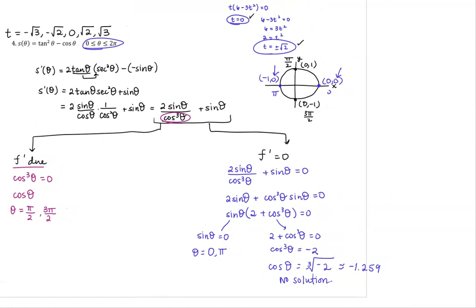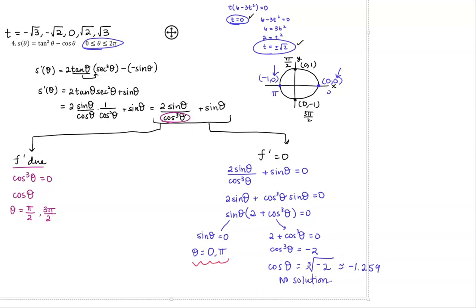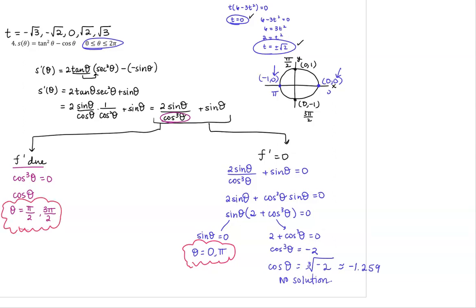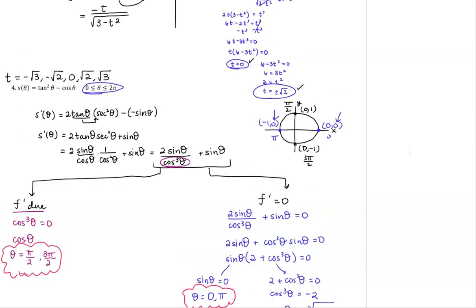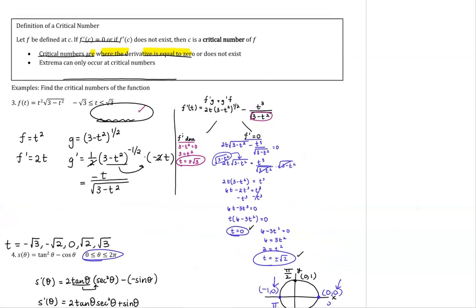So the possible answers we have for critical points, and I do mean possible, are 0 and pi as the two places where the derivative is equal to 0, and pi over 2, 3 pi over 2 as the two places where the derivative does not exist. But one thing we need to be careful about in this example that we didn't have to be careful about in the first example is that in order for a number to be a critical value, the function has to be defined there.